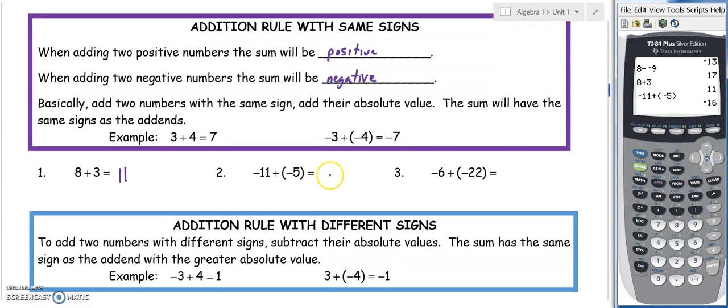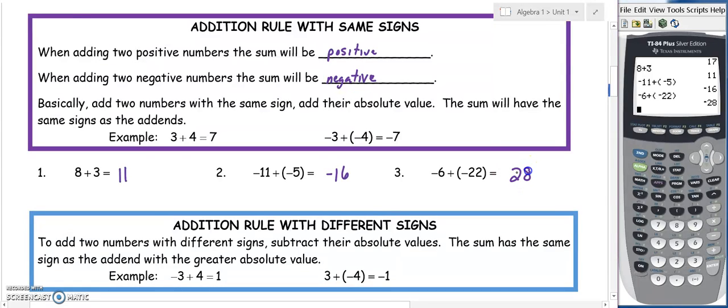Both numbers were negative, so we should get a negative solution. And let's try one more example for number 3, -6. So remember, use your negative sign, plus parenthesis, -22. This is -28.